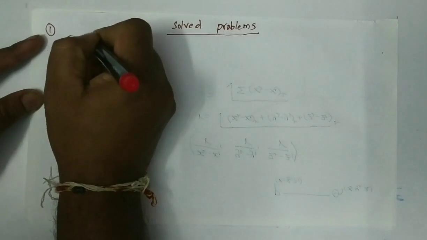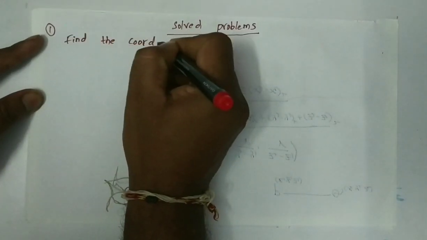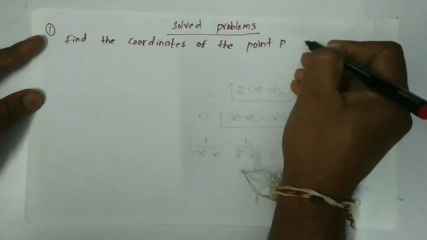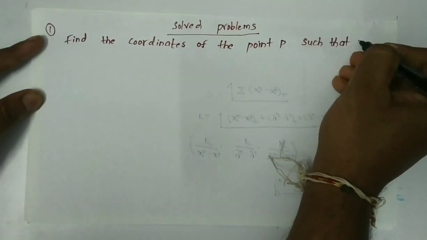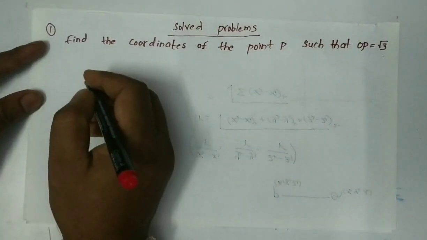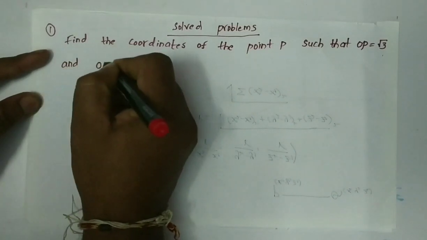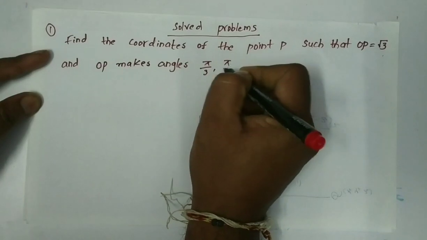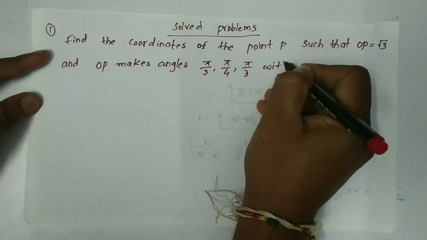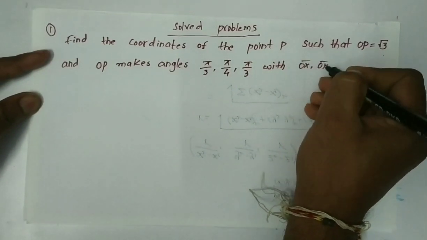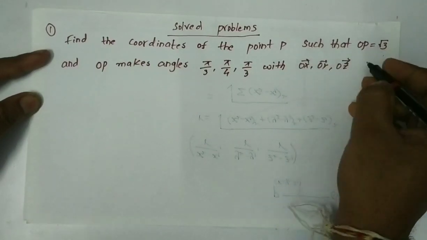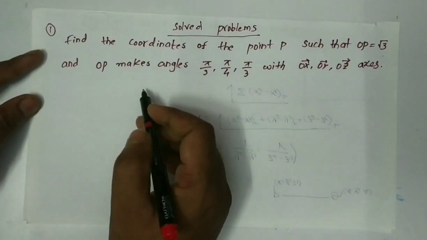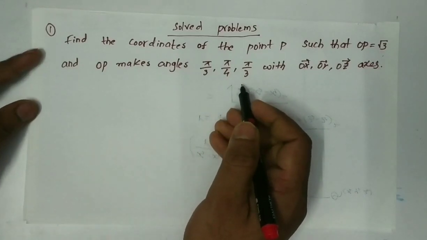Find the coordinates of the point P such that OP is equal to root 3 and OP makes angles pi by 3, pi by 4, pi by 3 with the OX, OY, OZ axes.